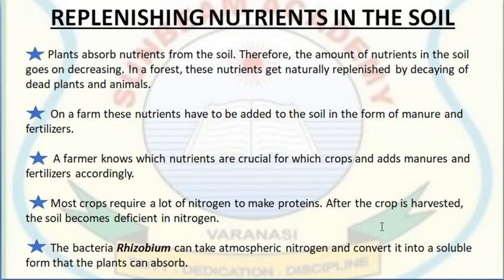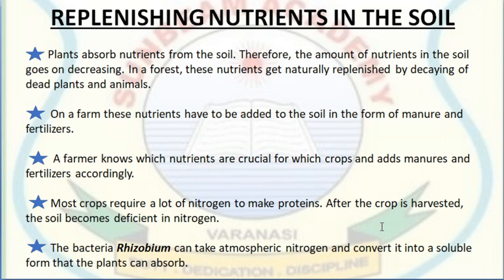Most crops require a lot of nitrogen to make proteins. After the crop is harvested, the soil becomes deficient in nitrogen. You have already read that the bacteria rhizobium can take atmospheric nitrogen and convert it into a soluble form that the plants can absorb. The rhizobium cannot make its own food.